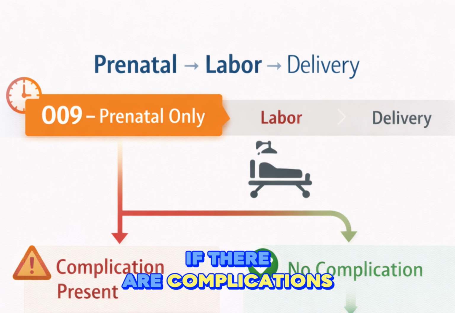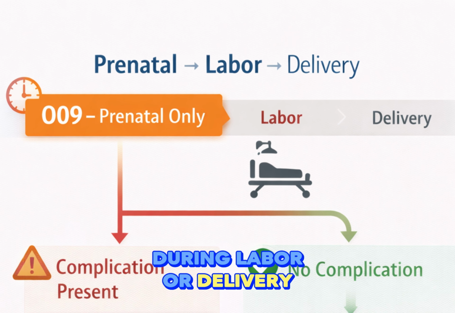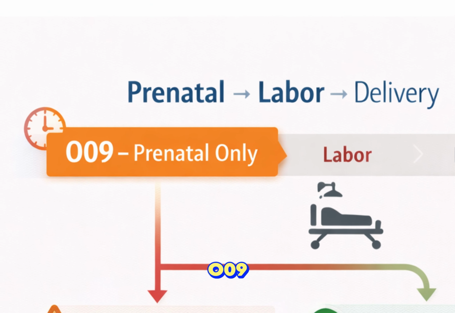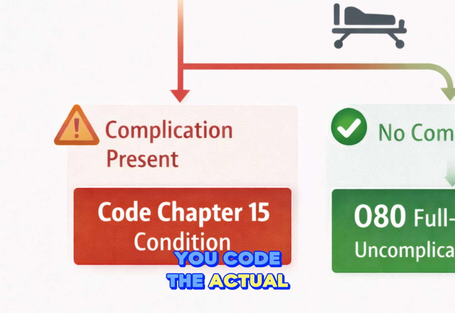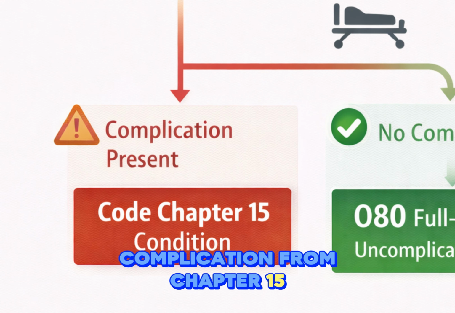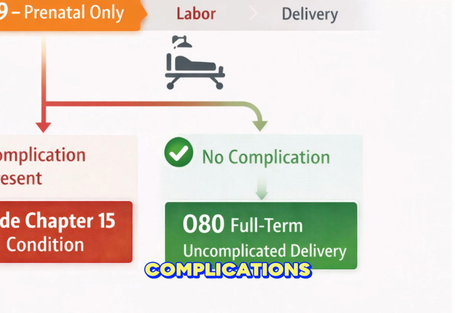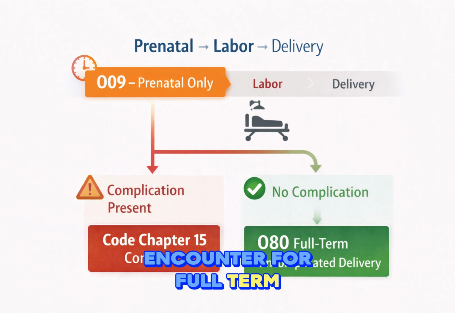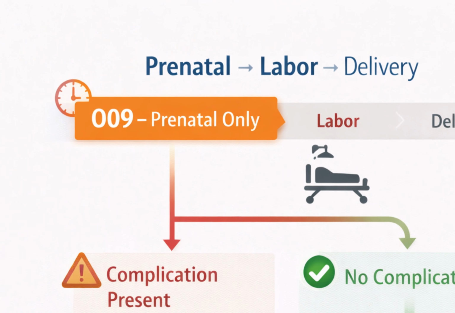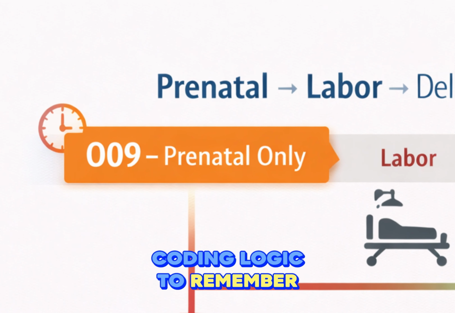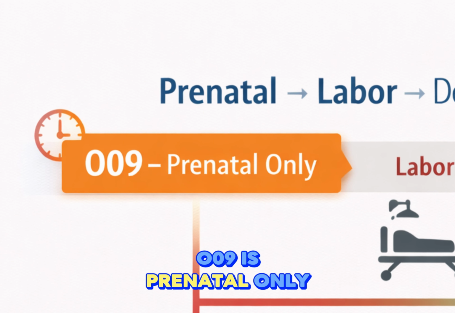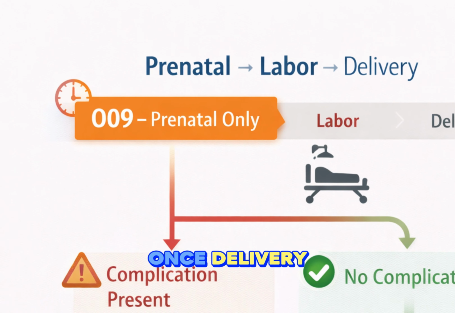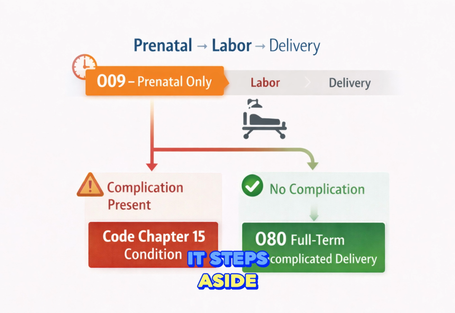If there are complications during labor or delivery, you do not use O09. You code the actual complication from Chapter 15. If there are no complications, you assign O80, encounter for full-term uncomplicated delivery. Coding logic to remember: O09 is prenatal only. Once delivery starts, it steps aside.